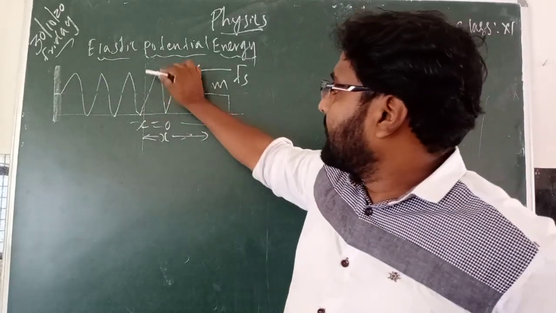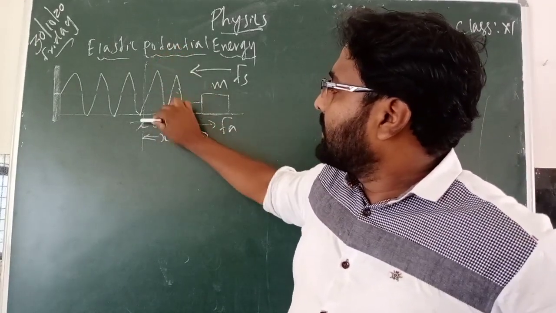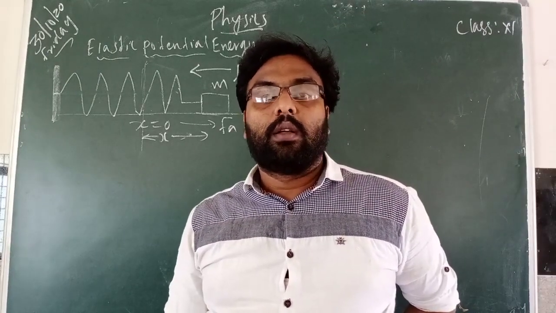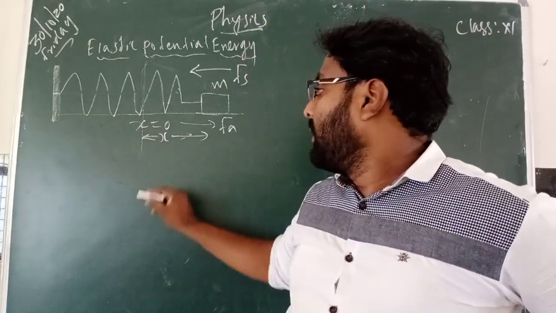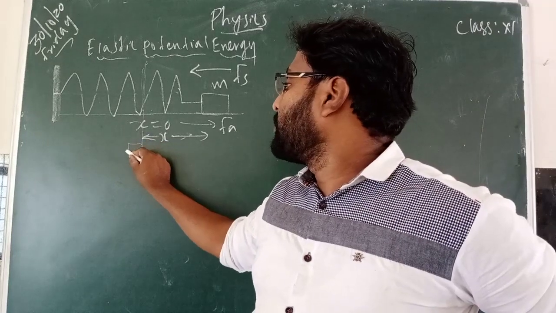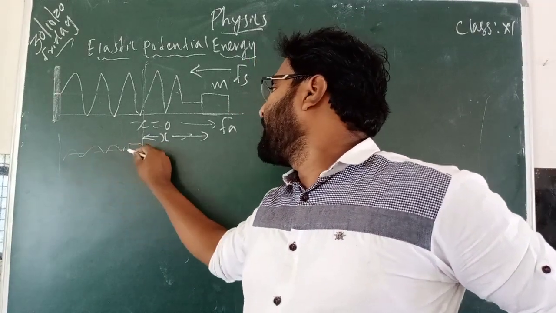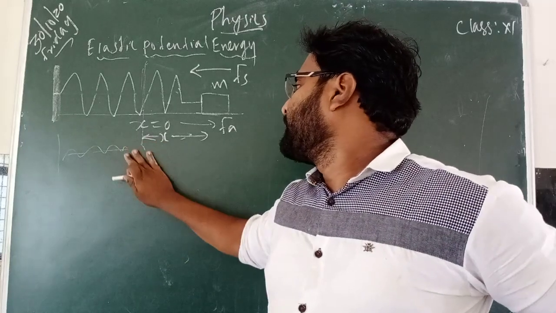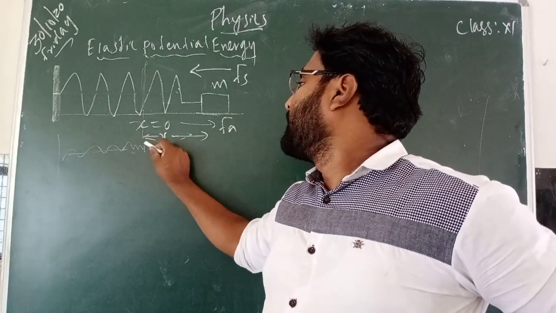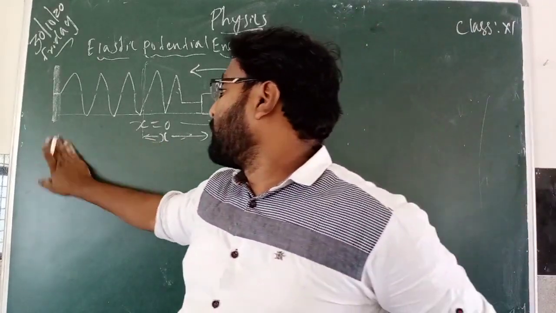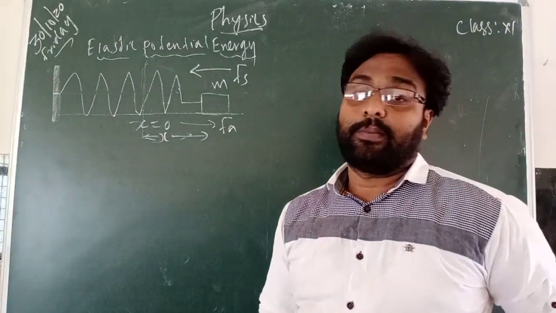Here you can see x equal to 0. This is the equilibrium position. Equilibrium position means the position of the spring before stretching. That is x equal to 0. We can call it the equilibrium position.